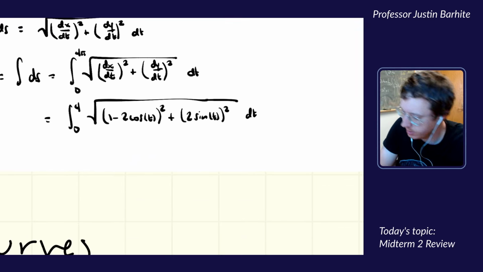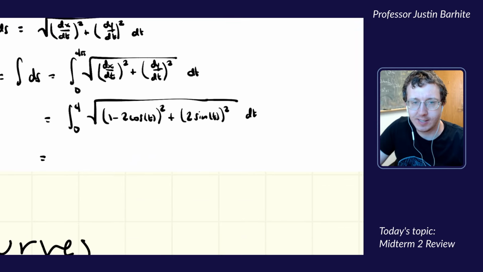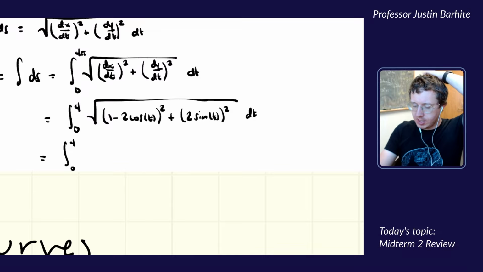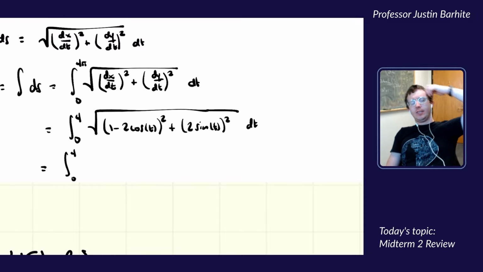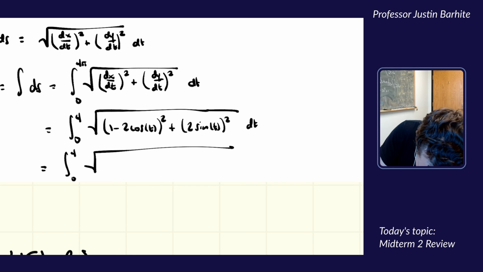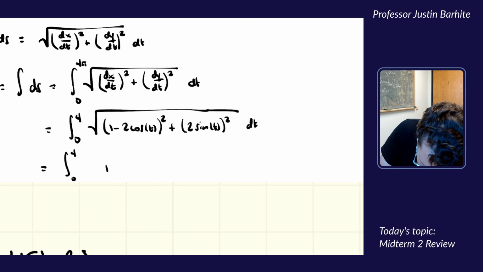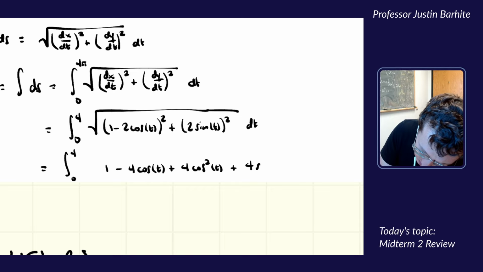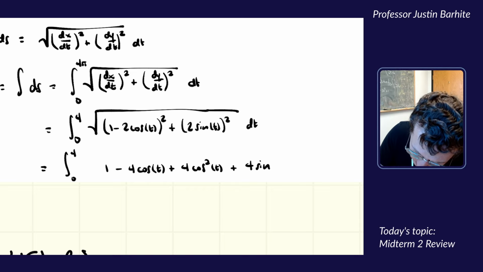Hopefully some trig identities will make this simpler to integrate. That's the thing about these arc length formulas, for most functions they come out very messy. But if I FOIL this out, I get 1 minus 4 cosine t plus 4 cosine squared t, and then (2 sine t) squared is 4 sine squared t.